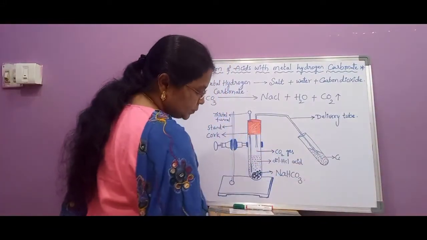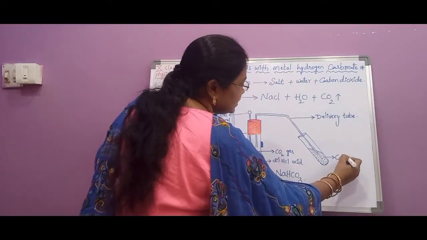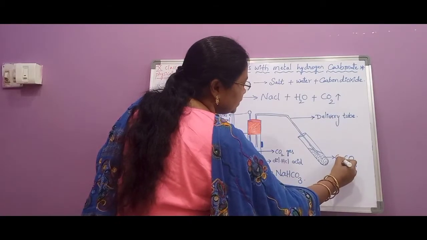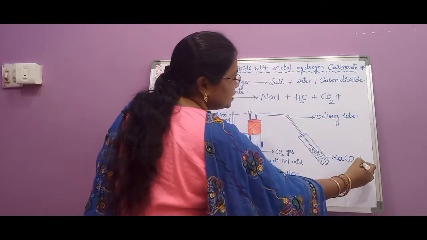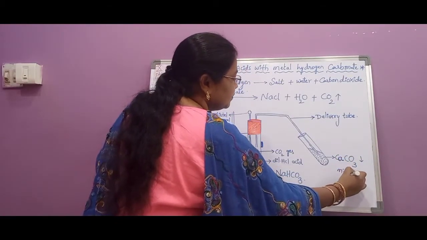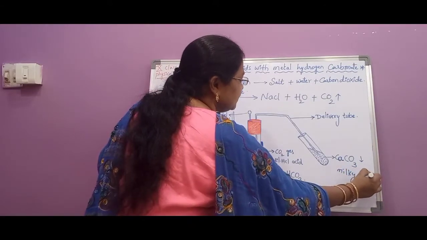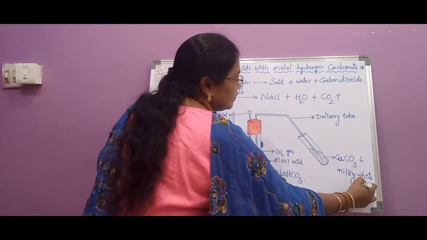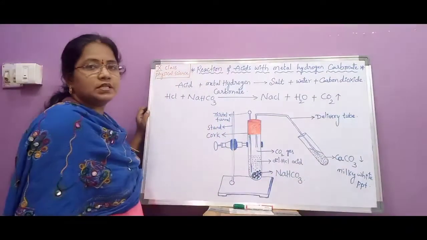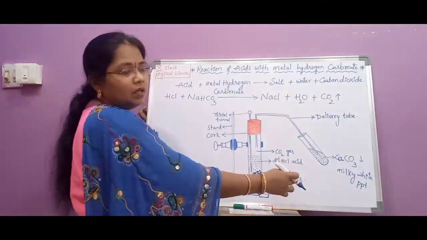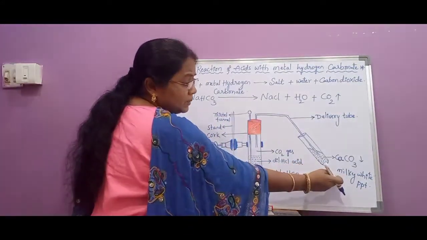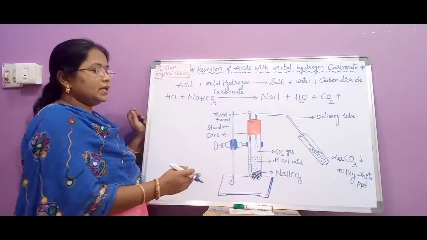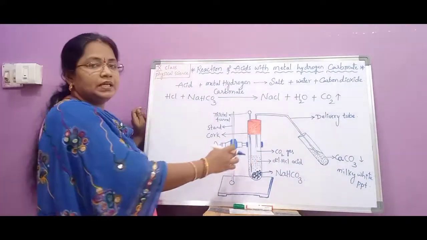What is that milky white precipitate formed here? That is CaCO3, which appears in the form of a milky white precipitate. Due to this calcium carbonate only, we can see the formation of the milky white precipitate here.